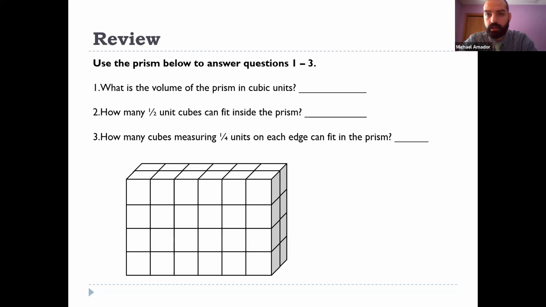I see a lot of thinking work going into this review. Great start to the day. I see many of us are wrapping up and we're finishing. If you're finished right now, you can check over your work. Make sure that if you need any units, you have correct units.